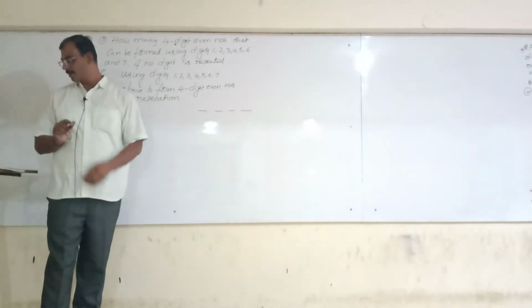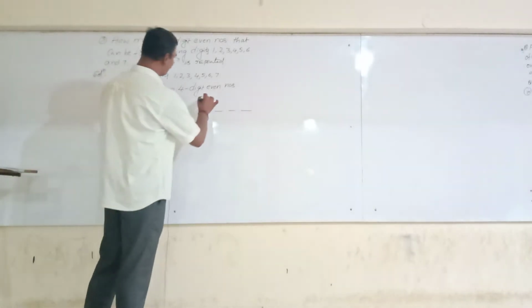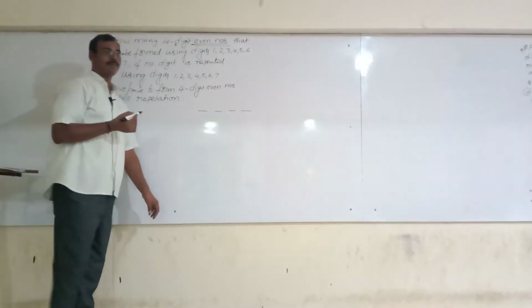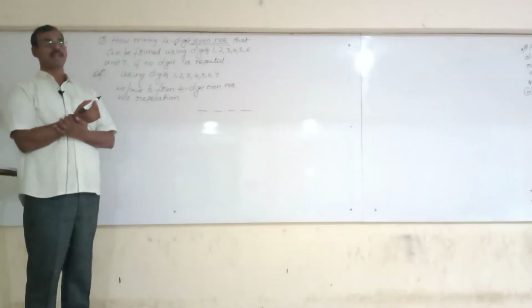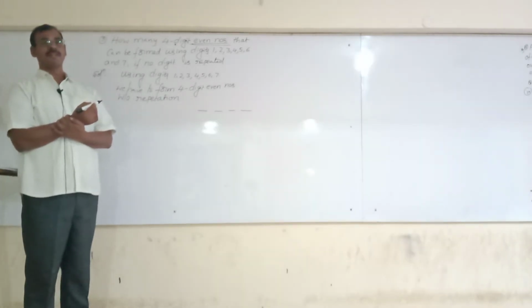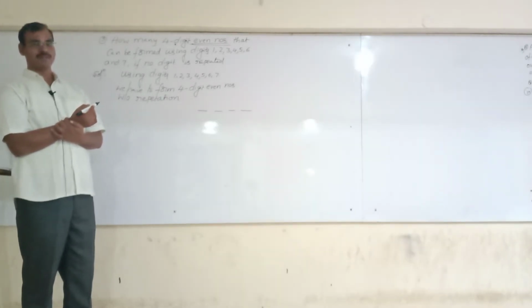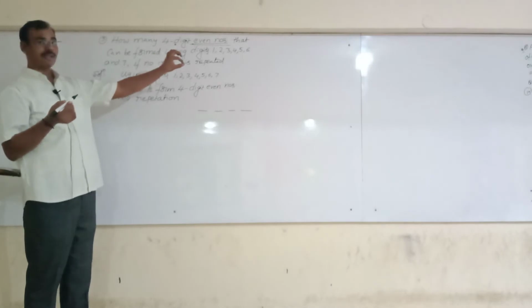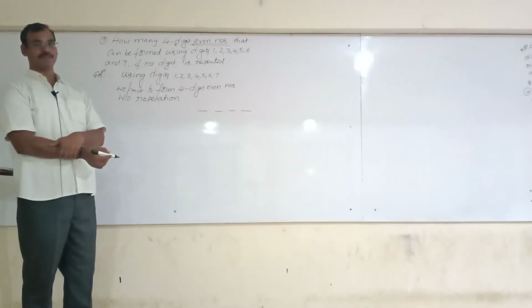Yes, the primary condition is even numbers. How do you say that a 4-digit number is even? The unit place must be an even number. So I have to start by filling the unit place with even numbers only.